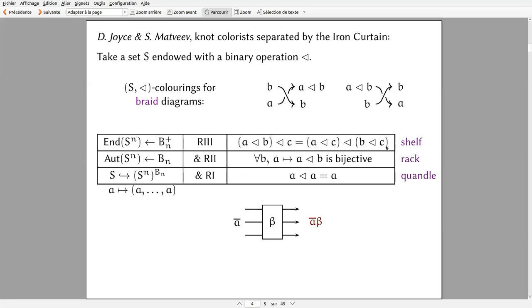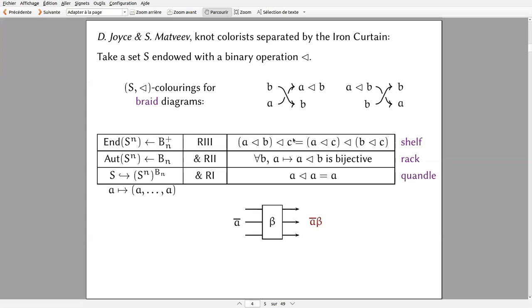We're talking about a rack when we have the first two axioms, and we're talking about a quandle when we have these three axioms. All these words come from quite interesting historical reasons, but I will not dwell on it today.